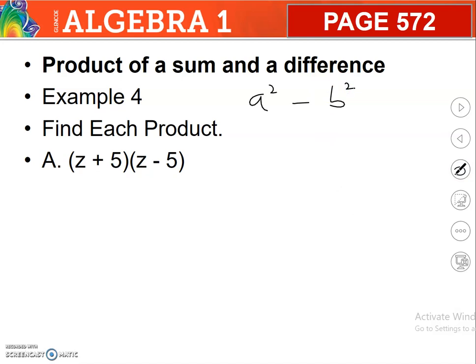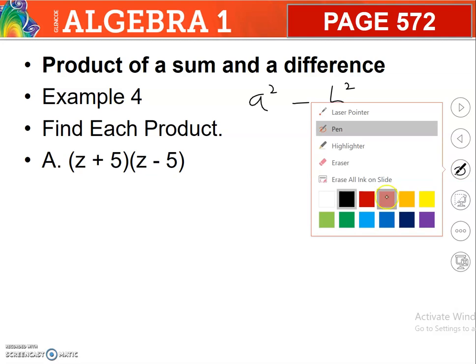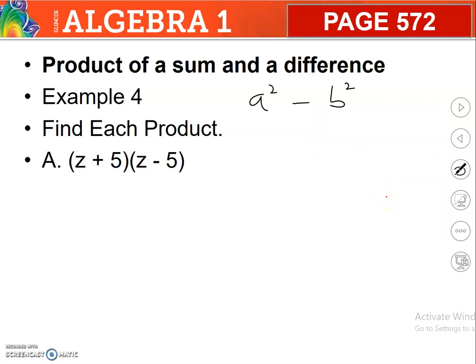So in that case, you can just look at the question and write your answer. So our answer for this becomes z squared, and our b becomes minus, our b is 5, so our answer is 5 squared, and that is our final answer. So we can write it as z squared minus 25.